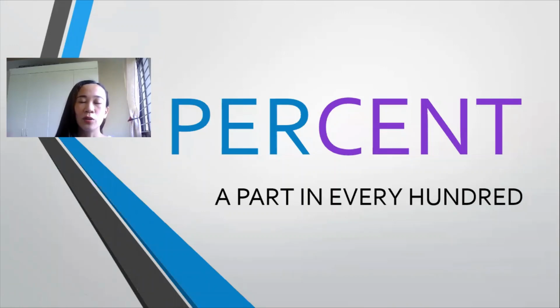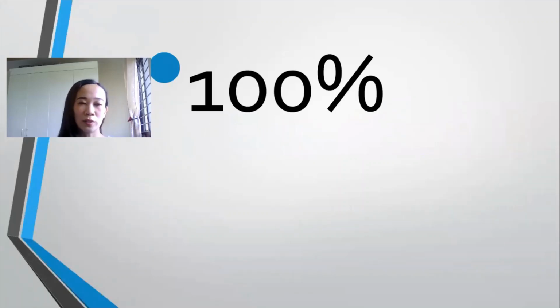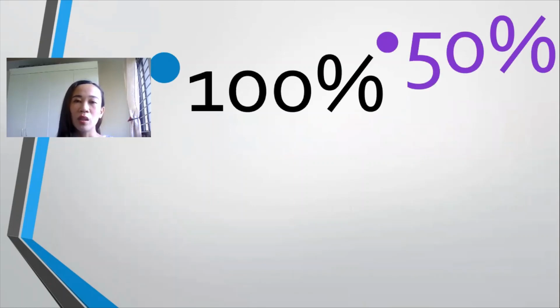Okay? So in mental math, in finding percentage, all we have to do is to think of 100%. For example, what is 100% of 100? Of course, that is 100. How about the 50% of 100? Then that means 50.